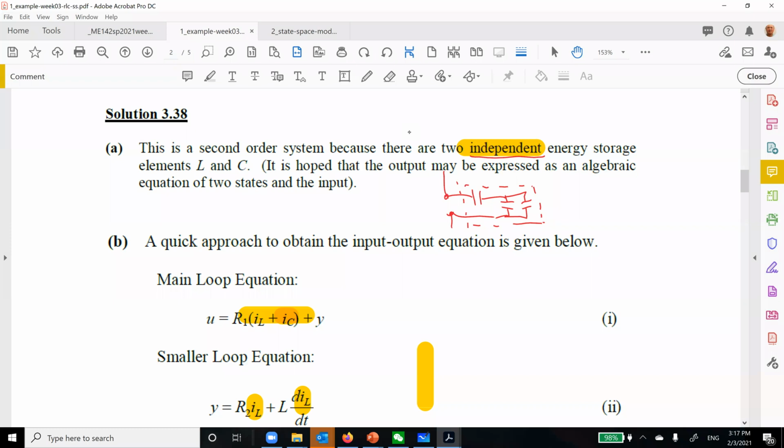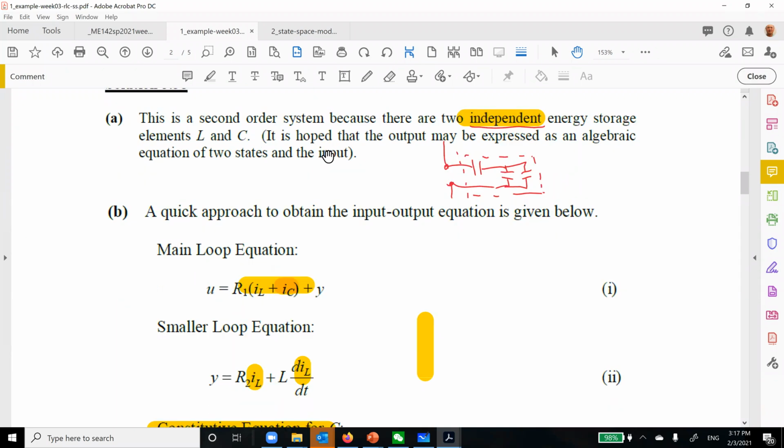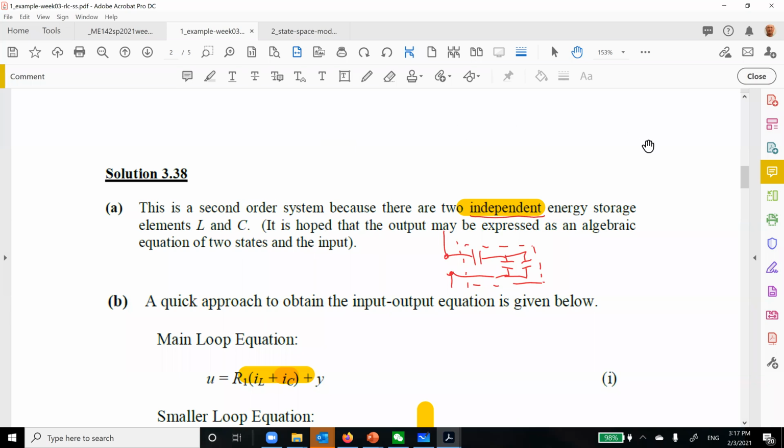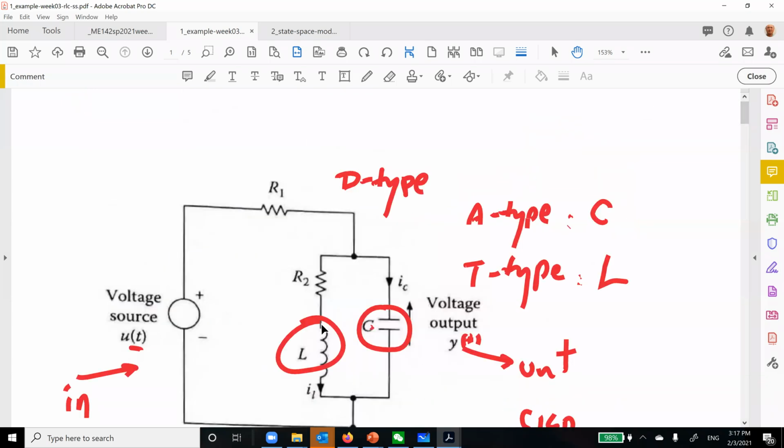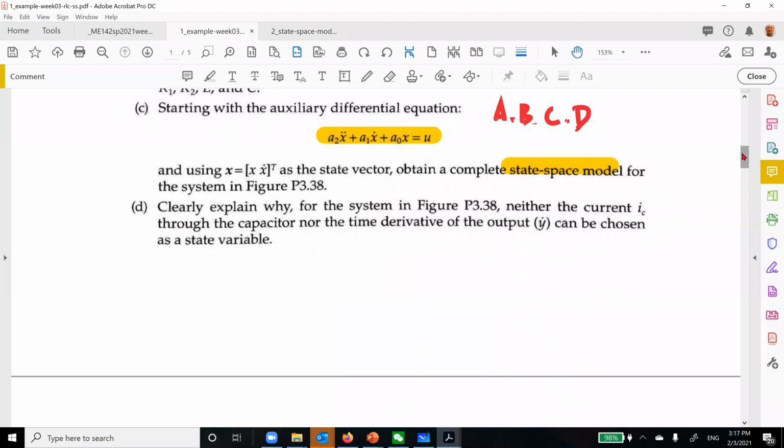Be careful. So in general, if you don't have such a scenario, then you just count how many such energy storage elements are in your circuit. Then you have 1 and 2, and you know the system is second order.